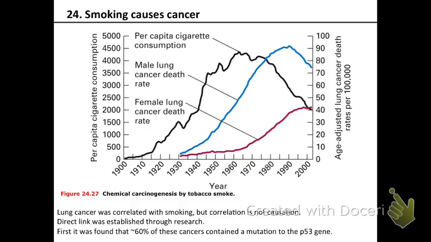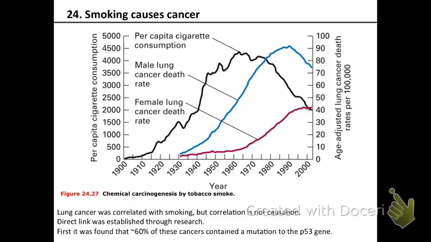Here's a plot from your book where you can see along the axis of time the cigarette consumption on the y-axis on the left, and the age-adjusted cancer death plotted on the y-axis on the right. And what you can see is that with increased cigarette consumption, you see an increased amount of lung cancer-related death in both males and females.